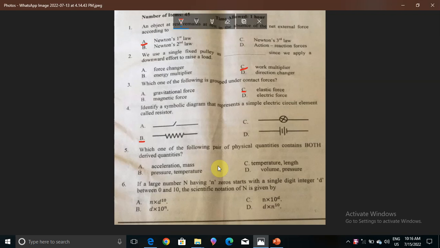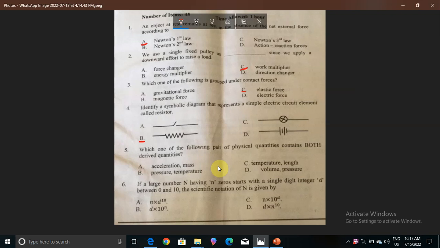And he said it must be that both of the choices are derived quantities, right? So we have one fundamental quantity and one derived quantity, so no, it's not correct. Then in choice B we have pressure and temperature. Pressure, yes, it's a derived quantity, but temperature, no, because temperature is a fundamental physical quantity.